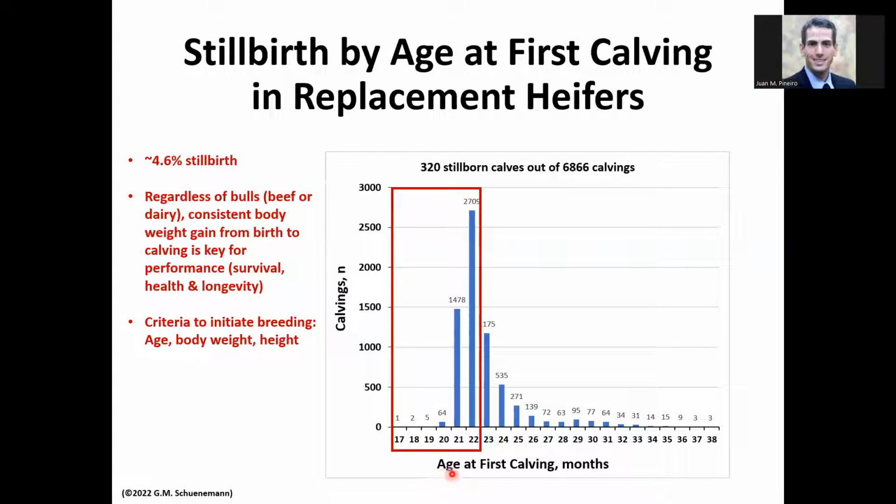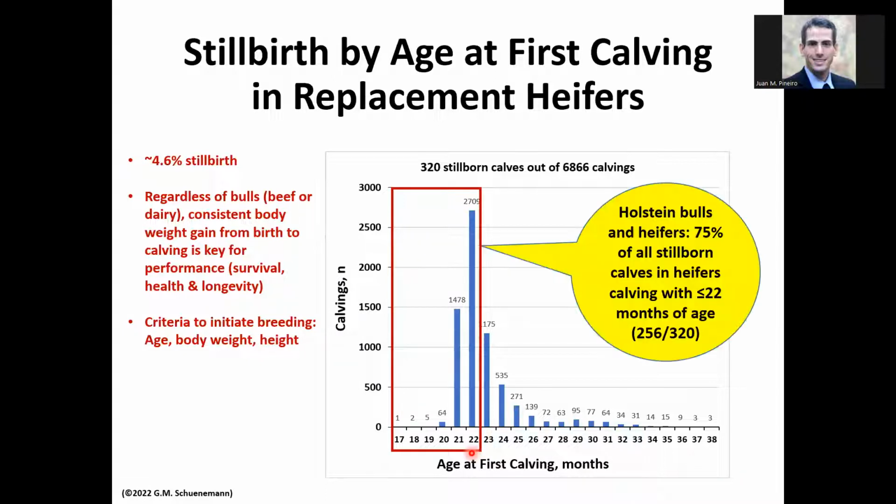And then I look at age at first calving, right? What I'm pointing out here is they are breeding heifers early, calving at 22, 21 months, a number of heifers calving very young. And these are Holstein, we use Holstein bulls with these heifers.